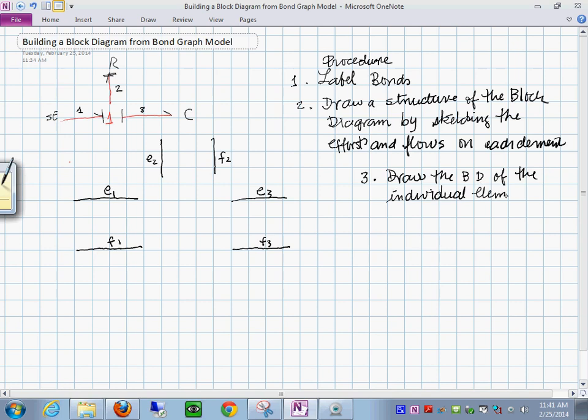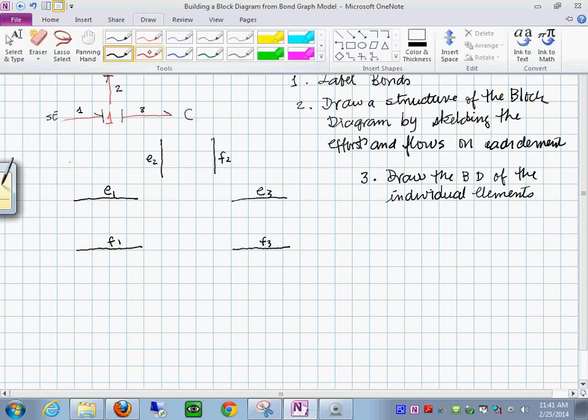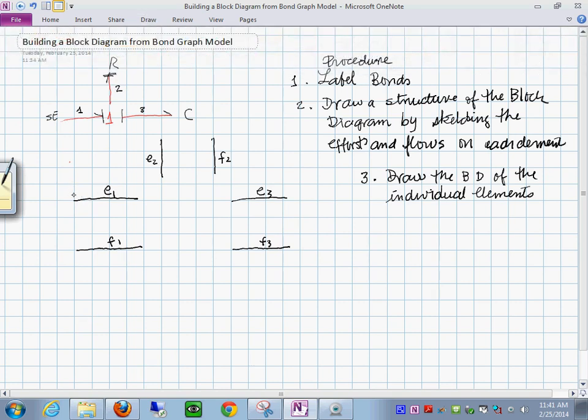Okay, so now we have these connections here. This is the source of effort in here. Obviously, the effort comes out this way, and this block is the representation of this.